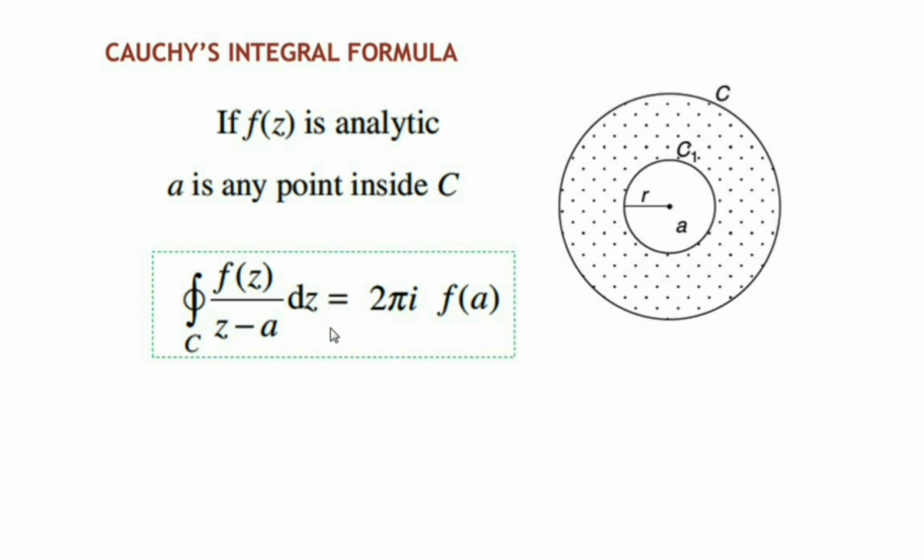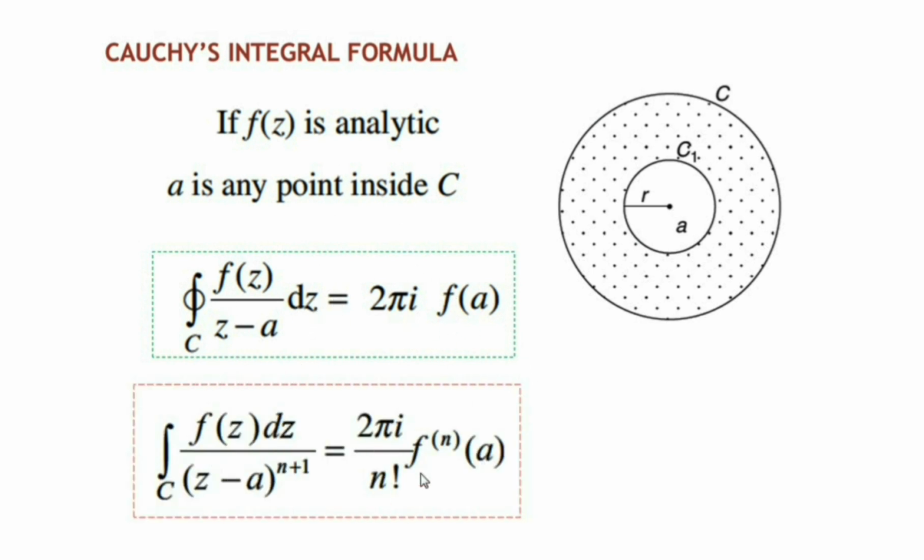Cauchy's integral formula for the derivative of an analytic function. If a complex function f of z is analytic in a region, then its derivative at any point z equal to a of the region is also analytic in the region, and it is given by the integral over C of f of z by (z minus a) power n plus 1 dz is 2 pi i by n factorial times the nth derivative of the complex function f of z at the point z equals a.